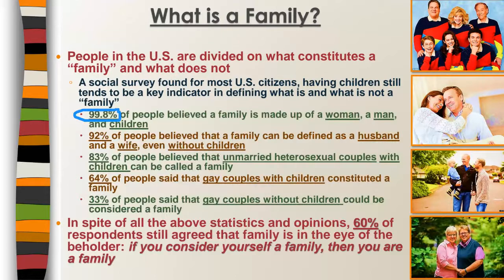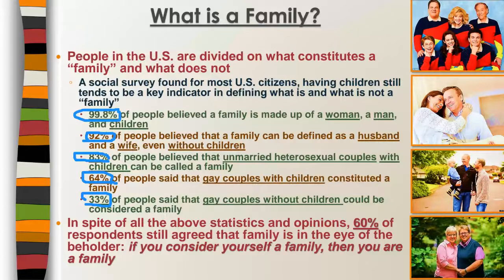About 92% say a heterosexual couple without children is a family. 83% say unmarried heterosexual couples with children, that's a family. 64% say gay couples with children, that's a family. And only 33% say that gay couples without children could be considered a family.